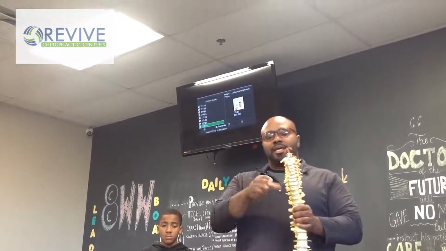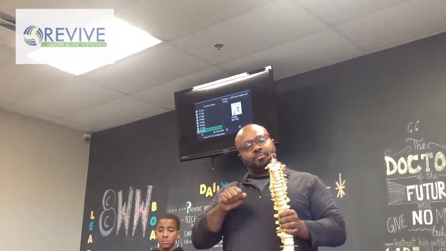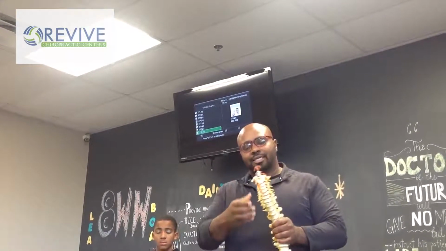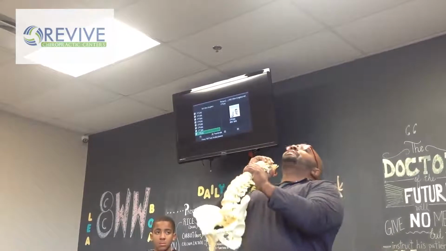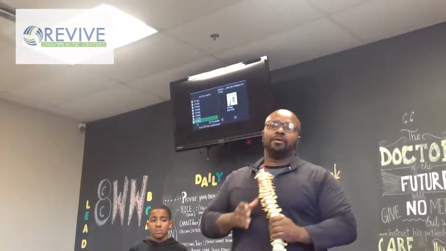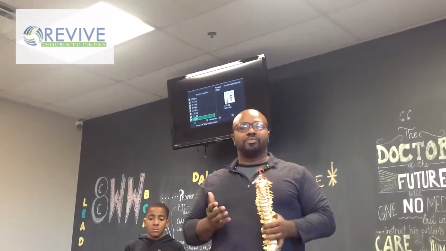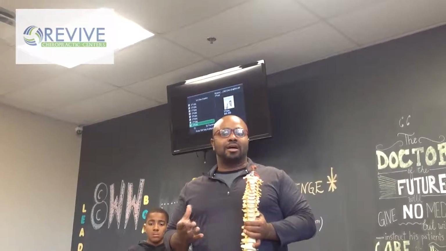Or if they were to get hit in an automobile from a rear end collision in an automobile accident, it can cause the head to whip back like this and then whip forward and then back again. Regardless of what the injury is, what can occur is this condition called subluxation, which is misalignment of one or more of the bones in your spine.